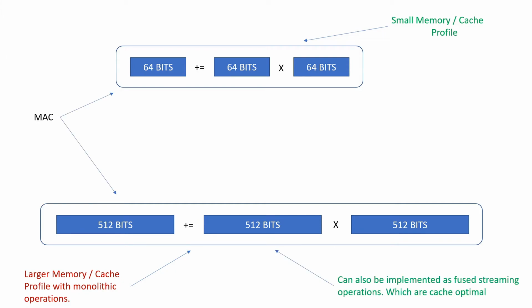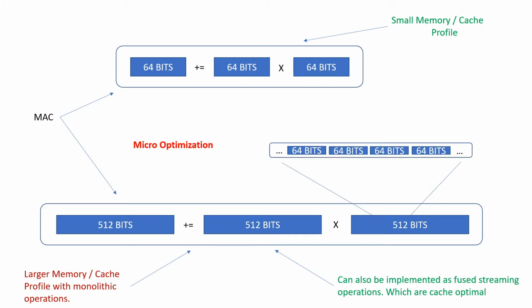However, if we implement a variation of this multiply accumulate which actually streams across the data, we can achieve optimal cache access. Doing this dramatically increases the performance of our synthetic scalar and allows it to become part of our strategy when dealing with large polynomials and large bit coverages. This is our micro optimization.